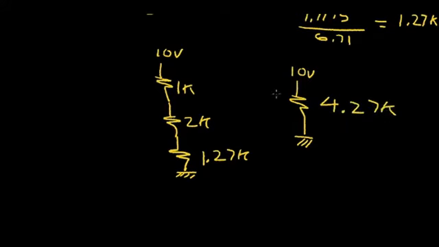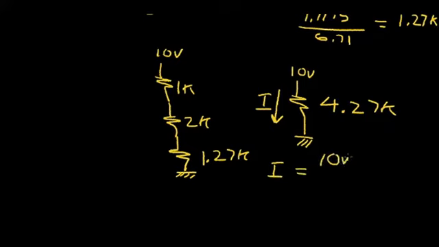4.27K. So now we're at a point where we can calculate the current out of the battery. We'll call that I. And remember that I is equal to the voltage divided by the resistance, Ohm's law.